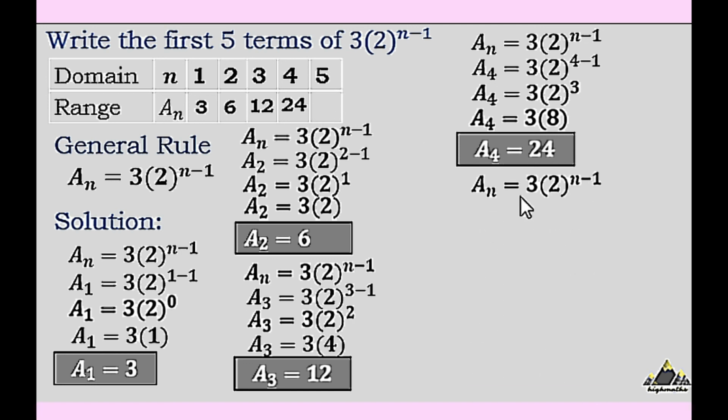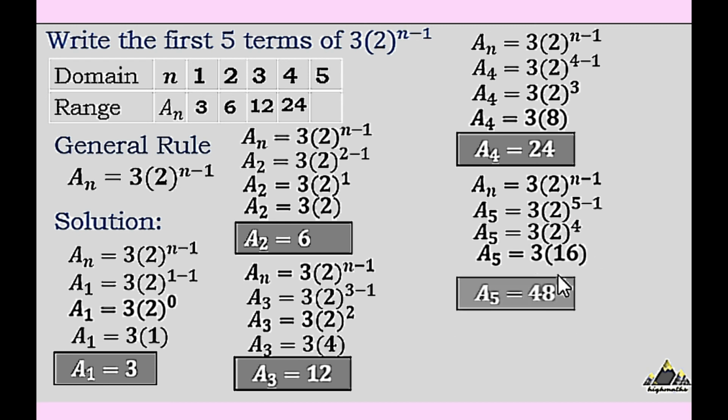Lastly, we have a sub n equals 3 times 2 raised to the power of n minus 1 as our general rule, substituting 5 to the variable n. We have a sub 5 equals 3 times 2 raised to the power of 5 minus 1. Solving 5 minus 1, we have 4. Solving 2 raised to the power of 4, 2 times 2 times 2 times 2, we obtain 16.